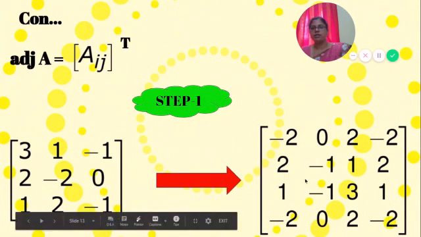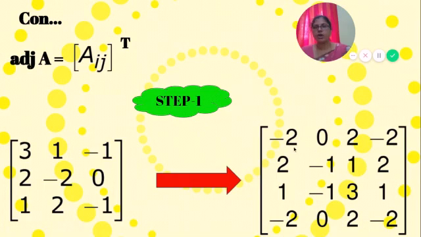I have grouped the 2 cross 2 matrices. For the first I have taken this, for the second I have taken this set, and so on. If you have any doubt, you can refer to the last video.